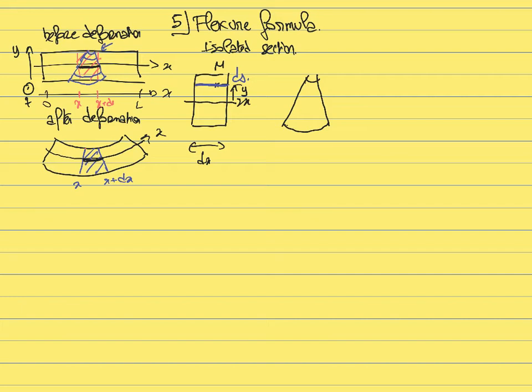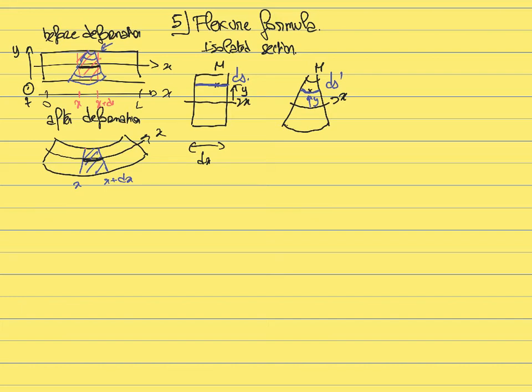If I look at the same beam, you now have the axis x going like this, and for the same point m within this beam, this length here will now have a different length, which I'm going to write ds prime. This is the value of this blue length, the width of this portion of the beam after the deformation, still at a distance y from the x-axis.